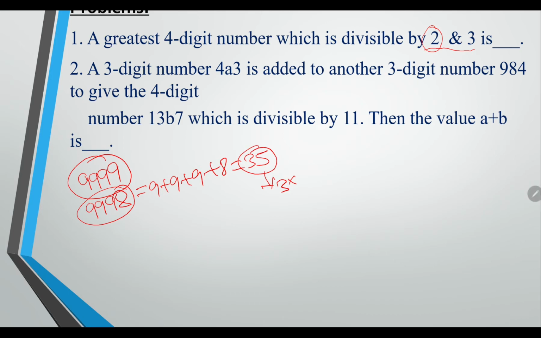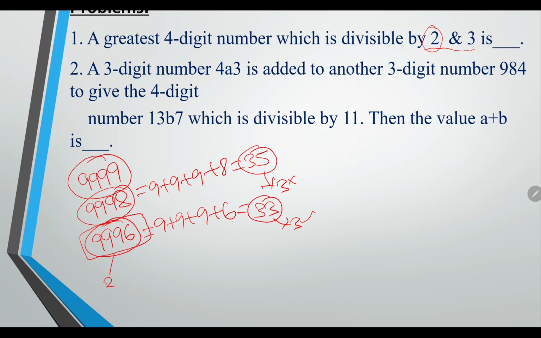Let's consider the next even number, 9996. It is divisible by 2, and let's check for 3. 9 plus 9 plus 9 plus 6 is equal to 33, which is divisible by 3. So therefore, this is the greatest 4-digit number which is divisible by both 2 and 3.